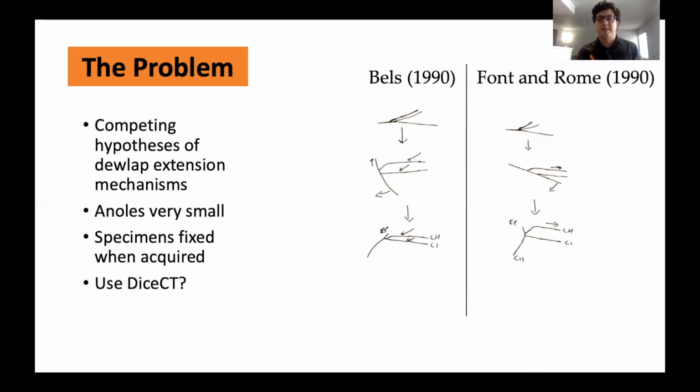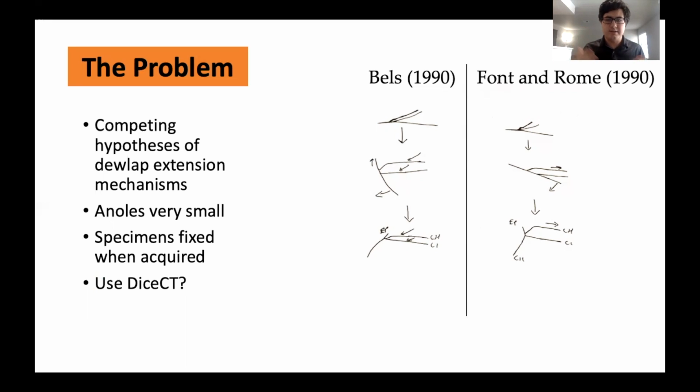Bels posits that the hyoid apparatus is shifting forward and down, so this way towards the snout, and with this action, the second serratobranchials swing out. Font and Rome, however, concluded that the hyoid body was being pulled back, posterior towards the back of the jaw, and then the second serratobranchials swing out. So we have one idea of a consistent forward and downward motion, and the other that is a bit of a displacement.